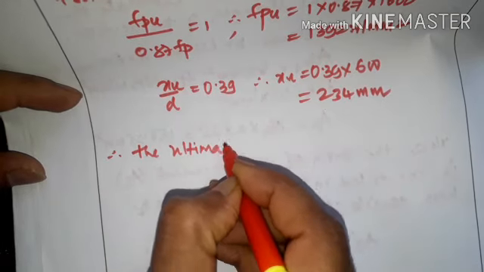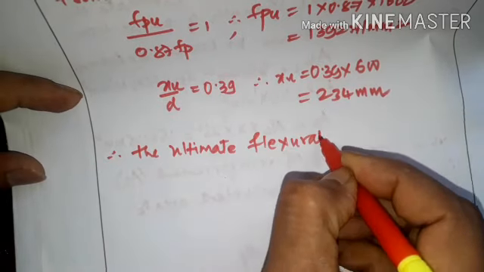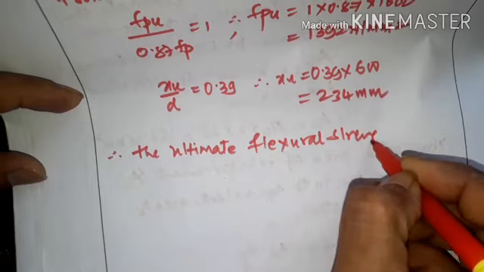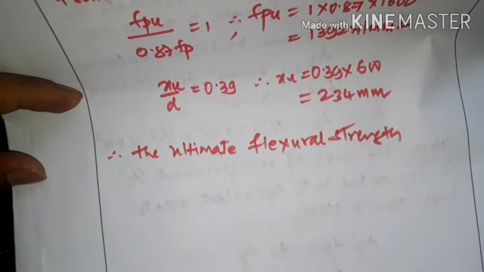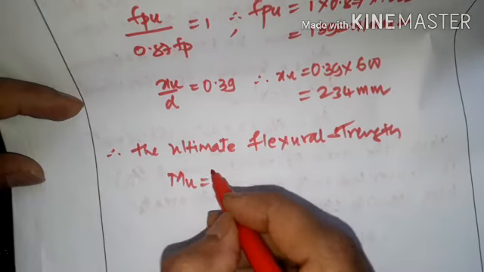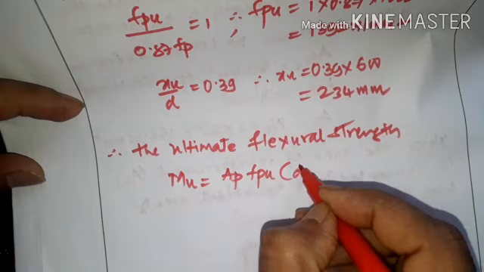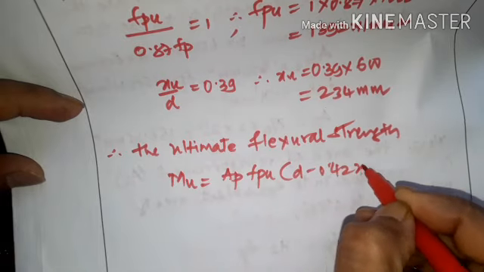So therefore now ultimately the ultimate flexural strength is given by Mu is equal to Ap into Fpu into d minus 0.42 Xu.